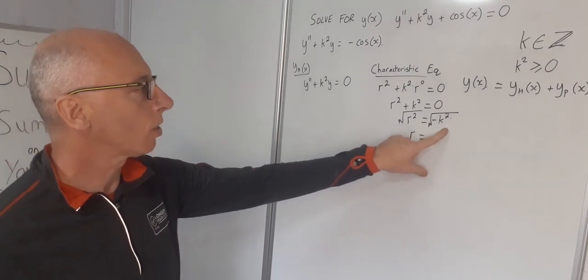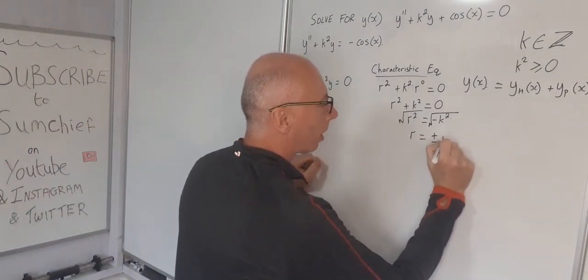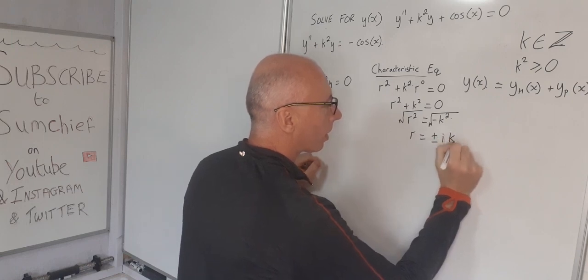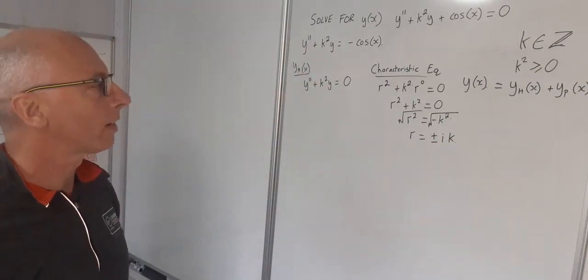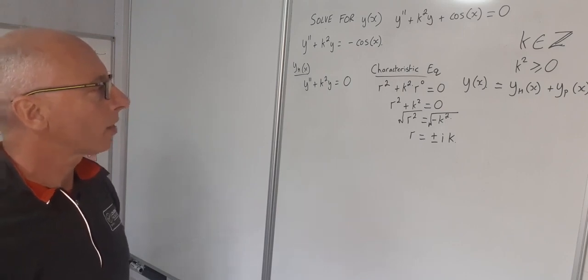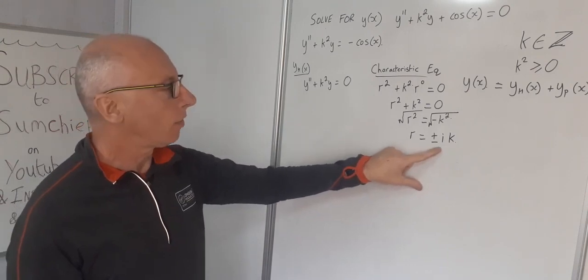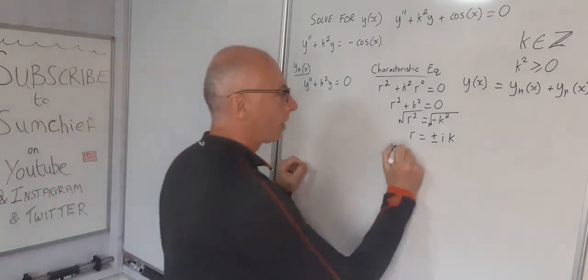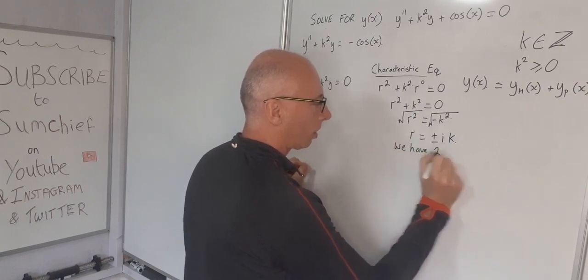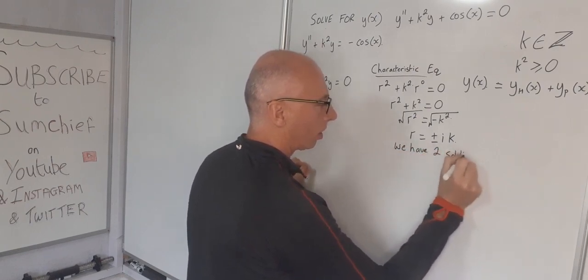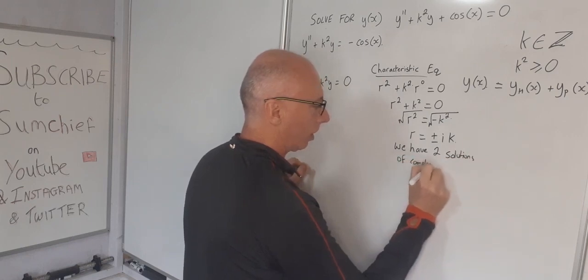So the minus k squared is going to leave us with plus or minus i times k. That's going to be our solution for this. So that's going to give us two solutions of complex value.